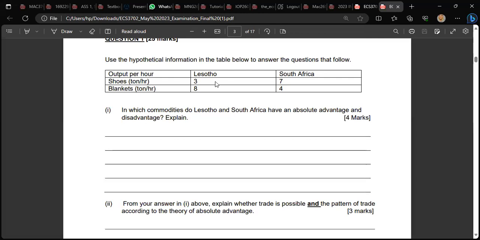One country is more efficient in producing a commodity, while the other is inefficient in producing it. Under those circumstances, trade is possible according to the theory by Adam Smith.